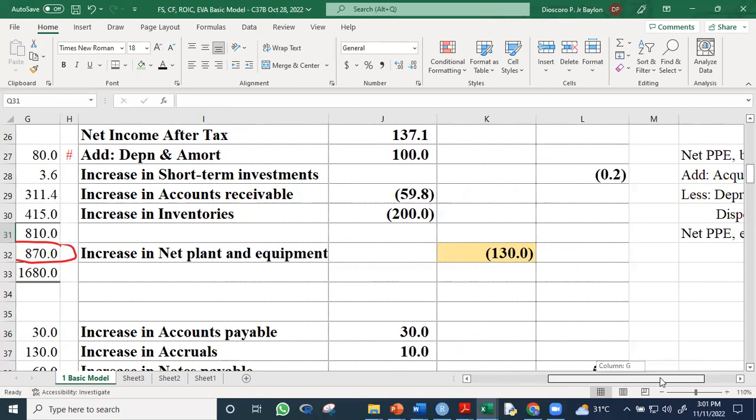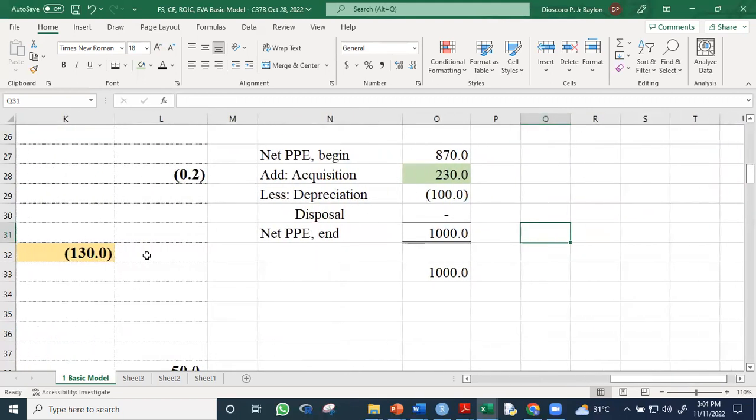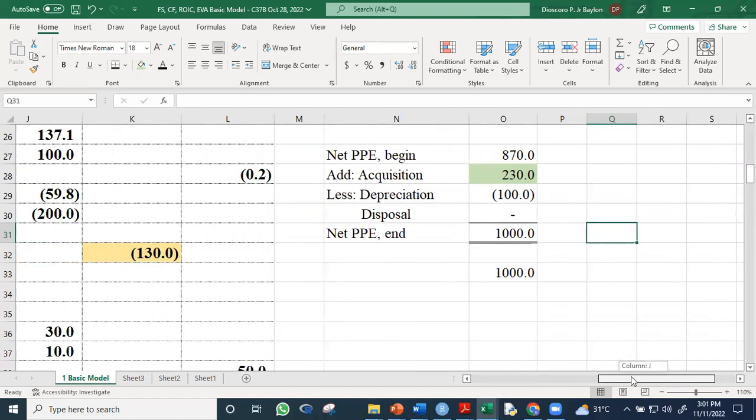All right, let me pause for a while. I will change this in a while. Is that clear so far? So we now understand that the acquisition, the investment in PPE, is not 130, but rather it's 230.